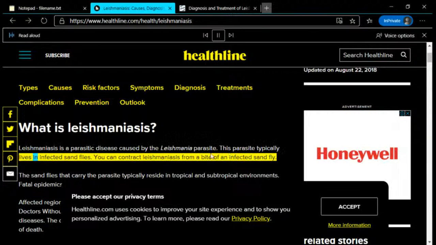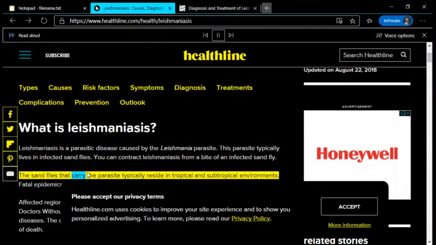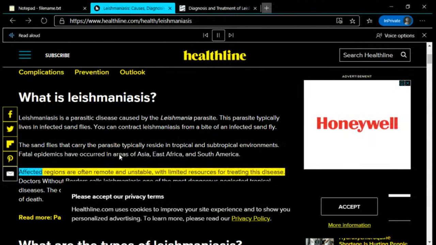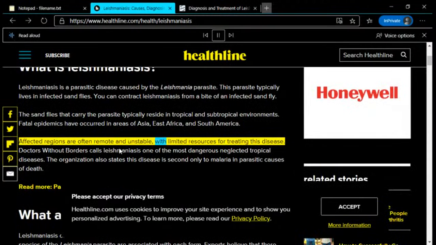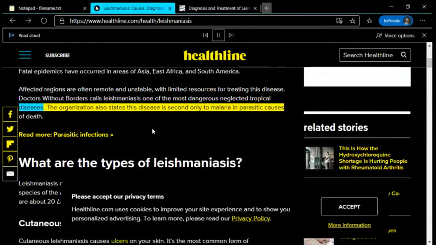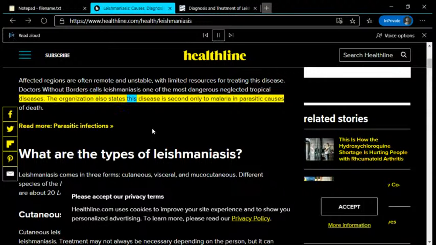This parasite typically lives in infected sandflies. You can contract leishmaniasis from a bite of an infected sandfly. The sandflies that carry the parasite typically reside in tropical and subtropical environments. Fatal epidemics have occurred in areas of Asia, East Africa, and South America. Affected regions are often remote and unstable, with limited resources for treating this disease. Doctors Without Borders calls leishmaniasis one of the most dangerous neglected tropical diseases. The organization also states this disease is second only to malaria in parasitic causes of death.